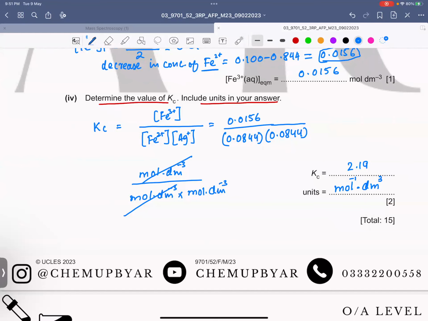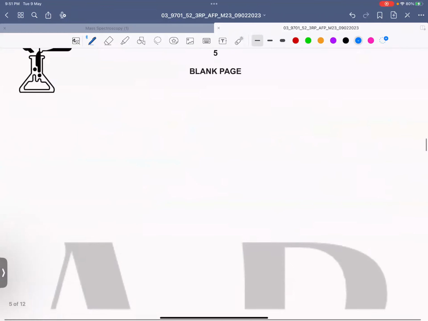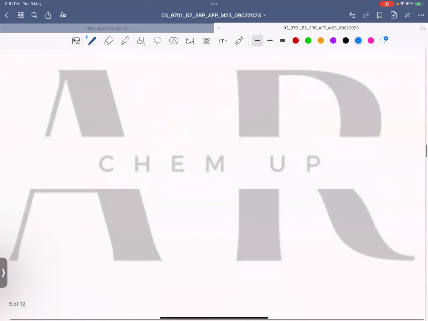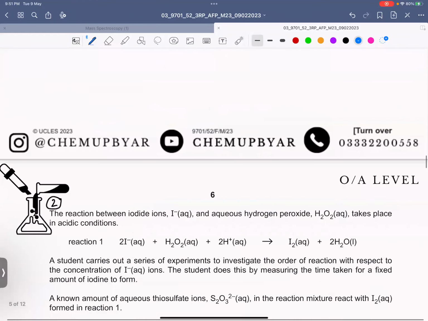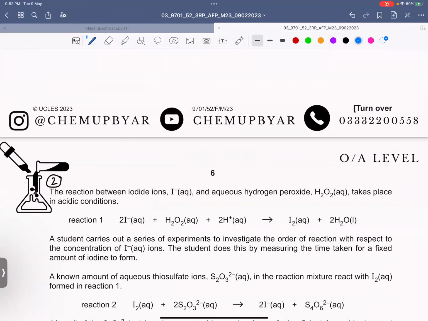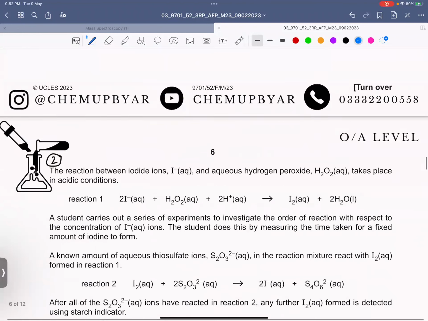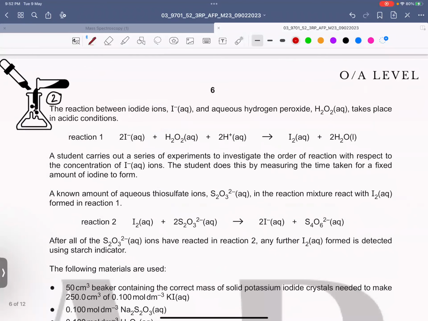Now let's move to question number 2. The reaction of iodide ions and aqueous hydrogen peroxide takes place in acidic condition. See, this is acidic condition and here we have a chemical equation.